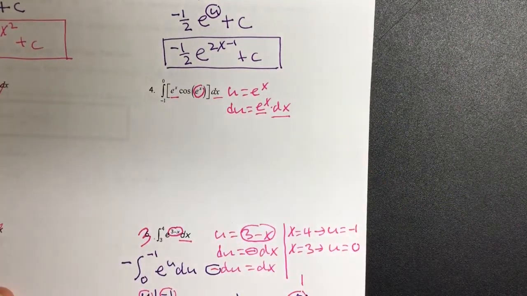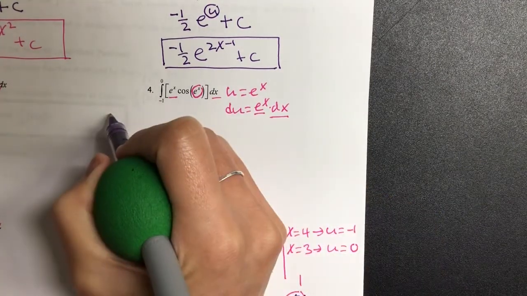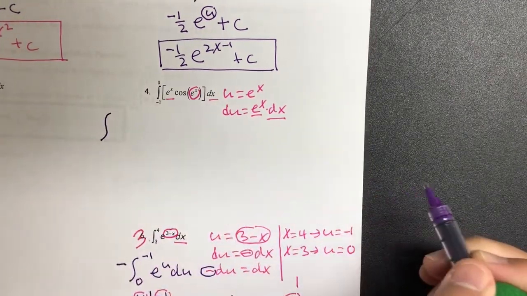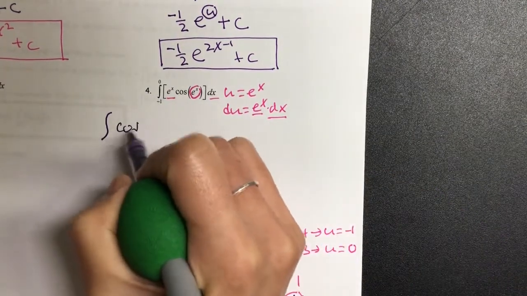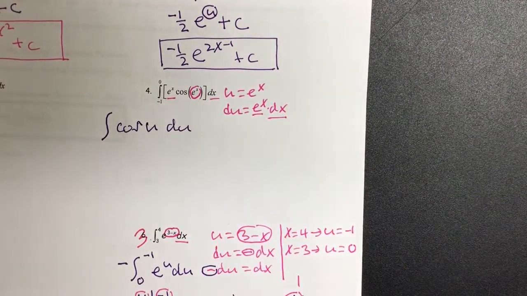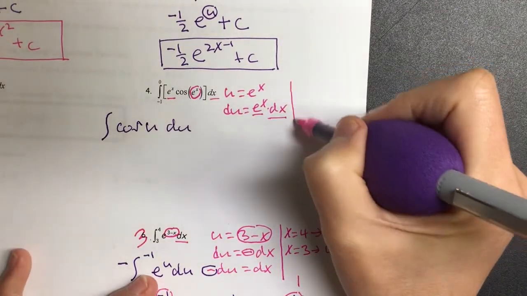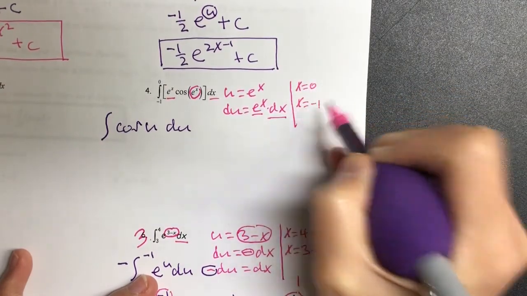Is everyone good with that? Okay, so now let's plug it in. I'm going to leave the bound open for now since I want to plug it in once I convert everything. We have cosine u du. So we have when x equals 0 and when x equals -1.